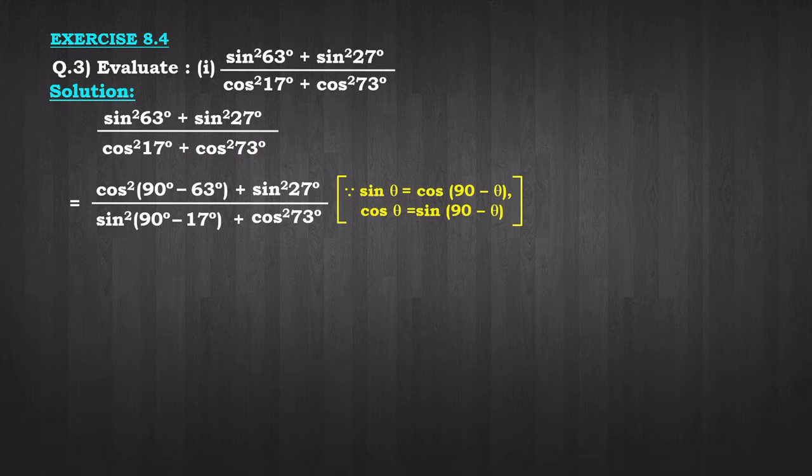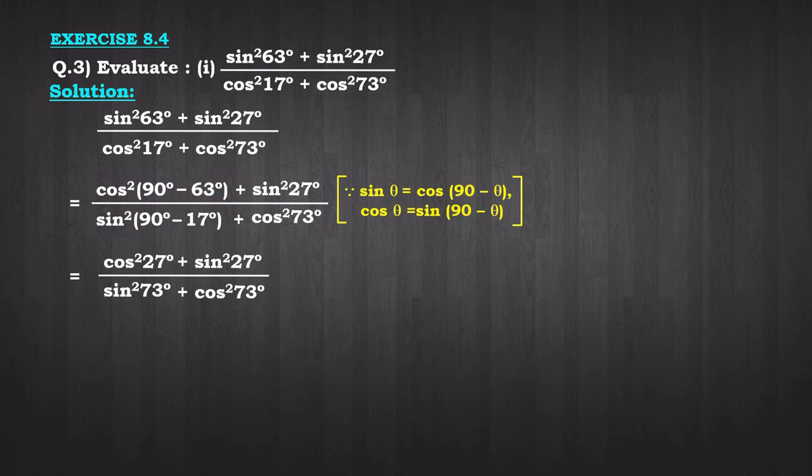Now substitute these values into the expression. The numerator becomes cosine squared 27 degrees plus sine squared 27 degrees. The denominator becomes sine squared 73 degrees plus cosine squared 73 degrees.